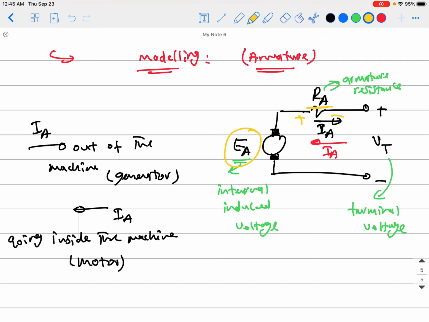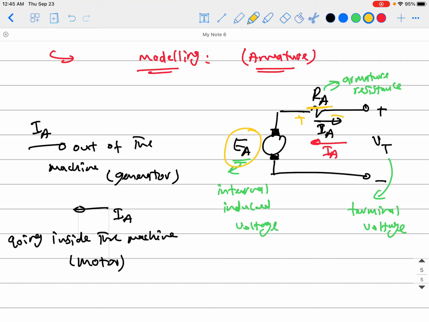So the induced voltage inside the machine does not equal the terminal voltage, because there is some resistance in the coils, like we did before in your equivalent circuits, or in your circuit courses. If you're talking about a coil or anything that's been modeled, it will have some internal resistance to represent.